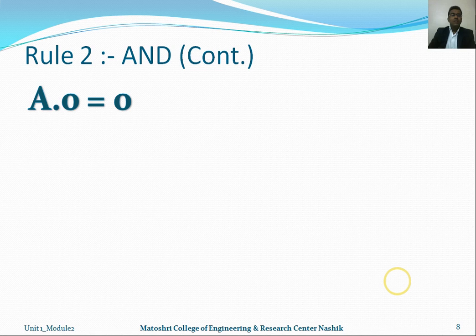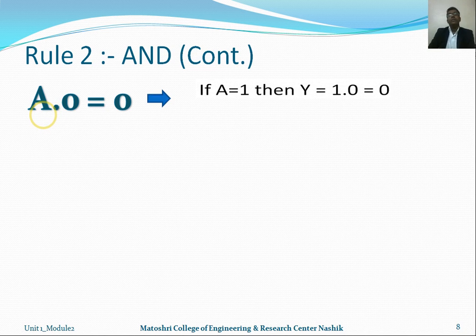Now the second rule for the AND is A dot 0, where we get the output as 0. If we place 1 as the value of A, then what is the output Y? We get Y as 1 ANDed with 0, which gives Y as 0.